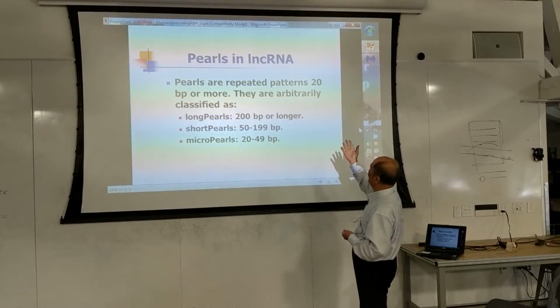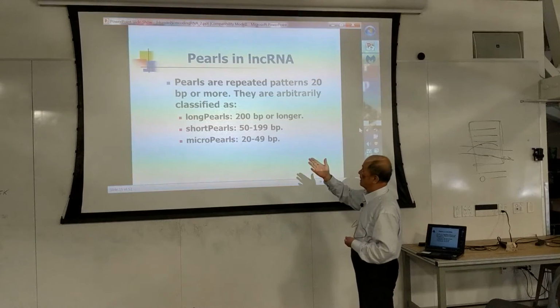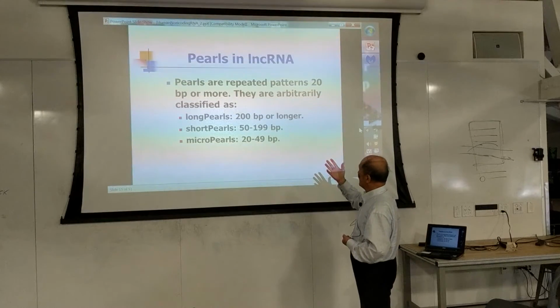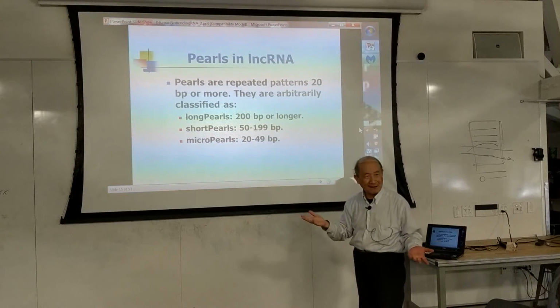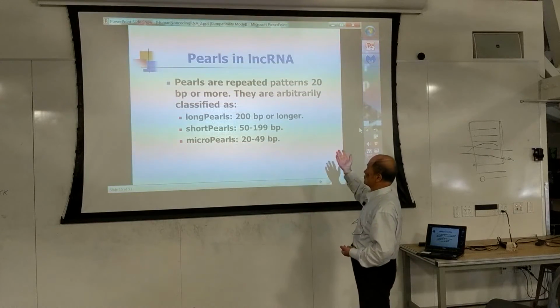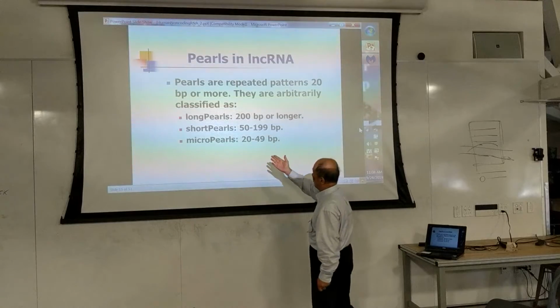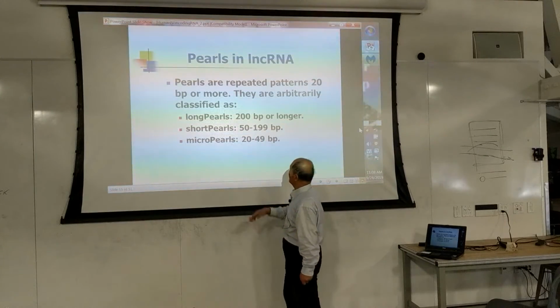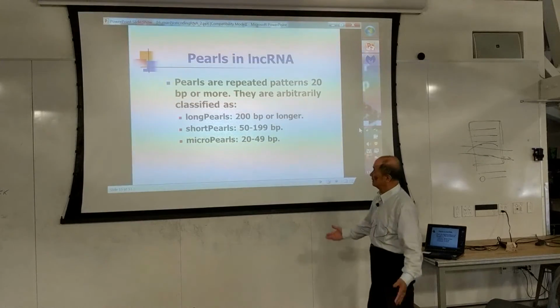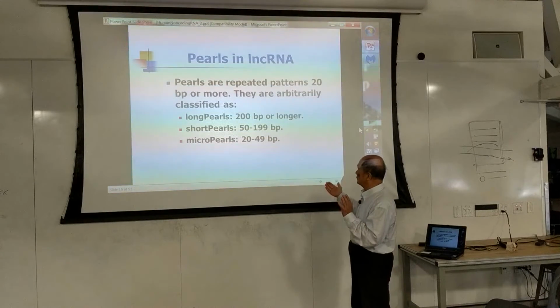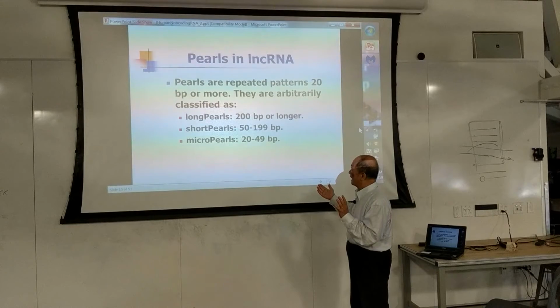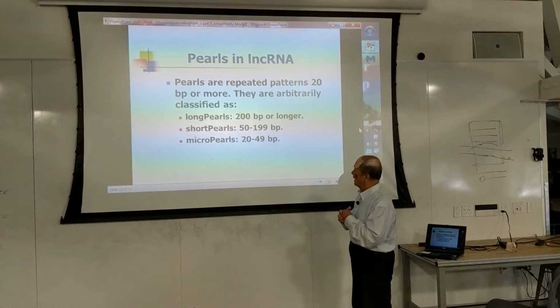And there are lots of them, and they are of variable length. They are arbitrarily classified as long pairs, which are 200 base pairs or longer, and short pairs, which are 50 to 199. And anything smaller than 50 base pairs, I call micro pairs.